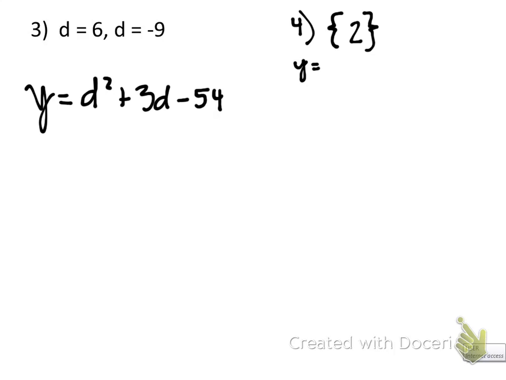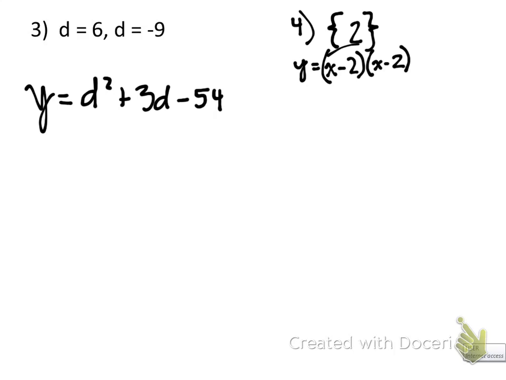Y is equal to... There's 2 answers, right? So first thing you want to do is, I'll give you a hint, x minus. Okay, go. In order to solve this, you put a 2 here and here.